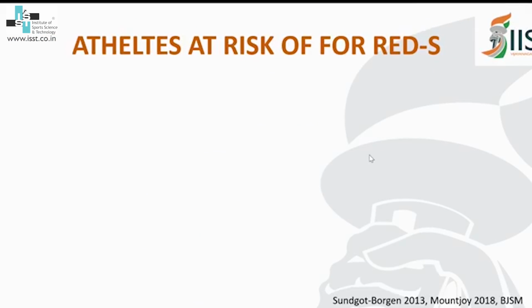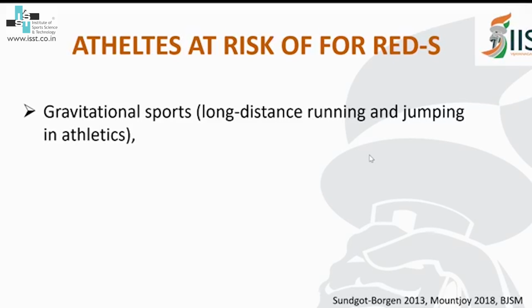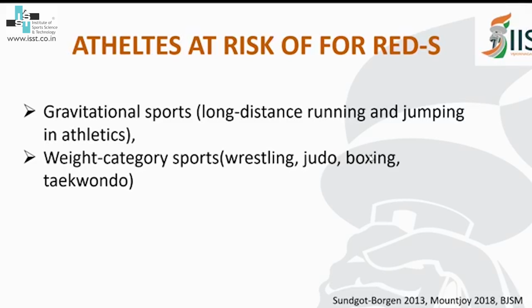All right. So which are the athletes that are most at risk of REDS? If you want to prioritize screening them, I'm not saying we shouldn't screen all of them, but if you want to prioritize and start somewhere, we should definitely look at athletes involved in gravitational sports. That would be mostly track and field athletes, endurance runners, jumpers, and weight category sports.